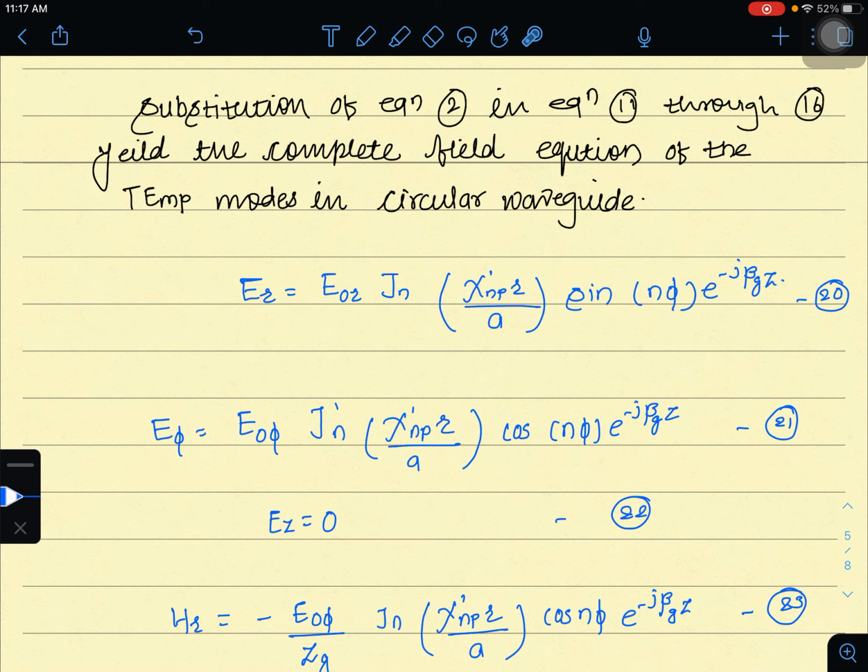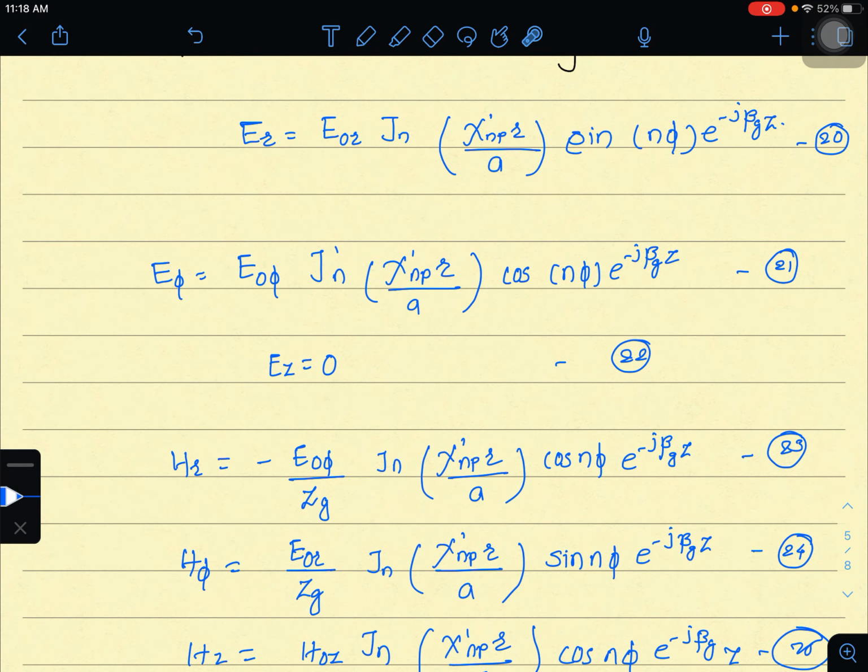E phi is equal to E0 phi J dash N X dash NP R by A cos of N phi e raised to minus J beta G Z. And the third one, regarding the Z component, that is Z is 0, because we know very well along this the electric field is vanishing, that means it is 0.